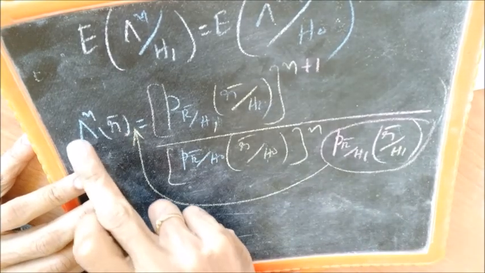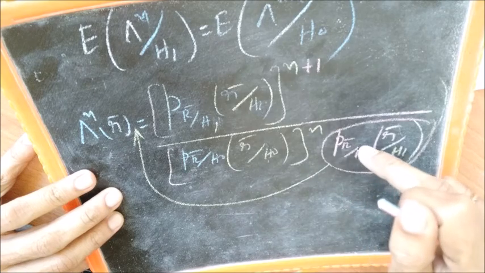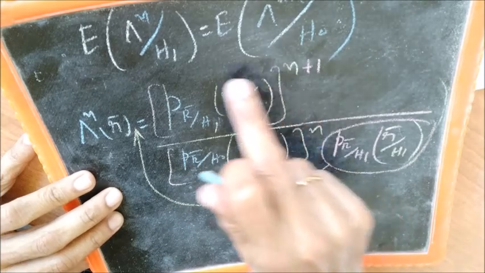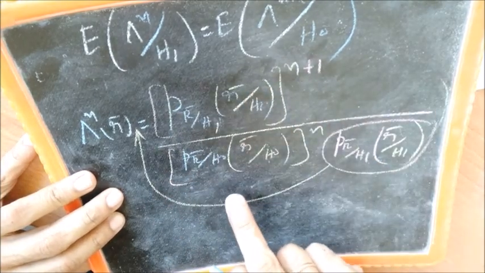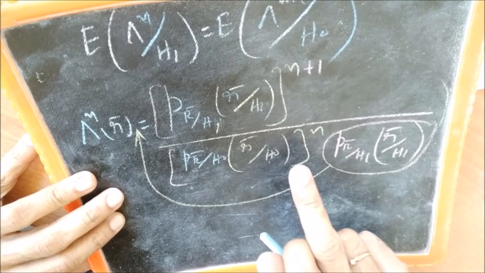So we will have lambda raised to n into density function of R given H1 is equal to the density function of R given H1 raised to n plus 1 divided by the density function of R given H0 raised to n.